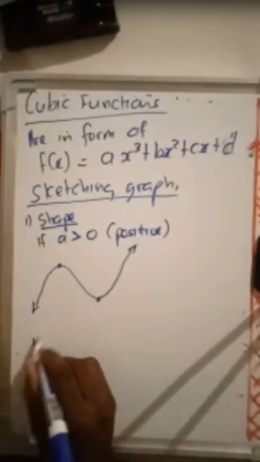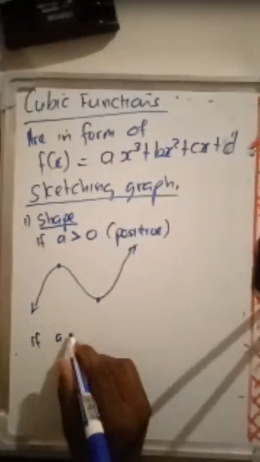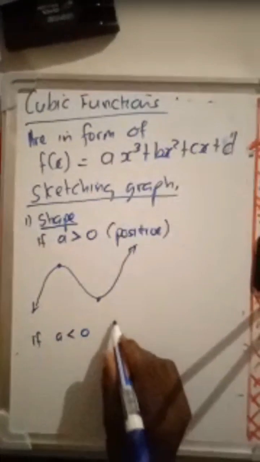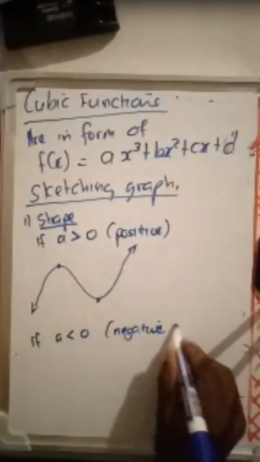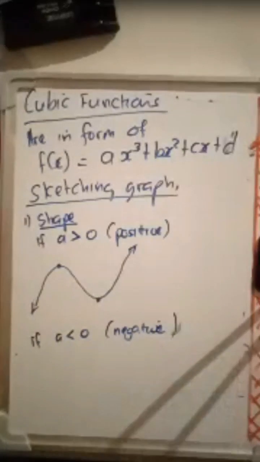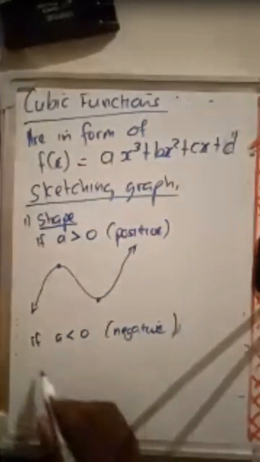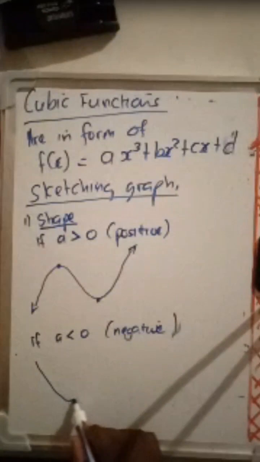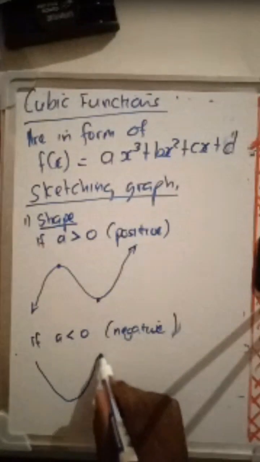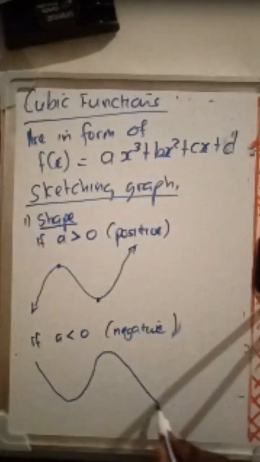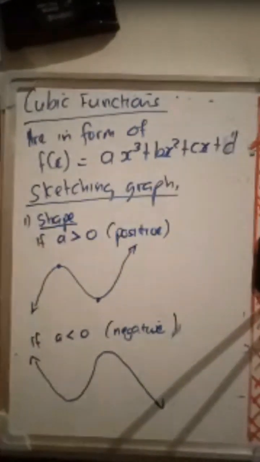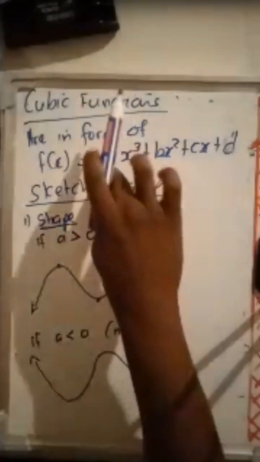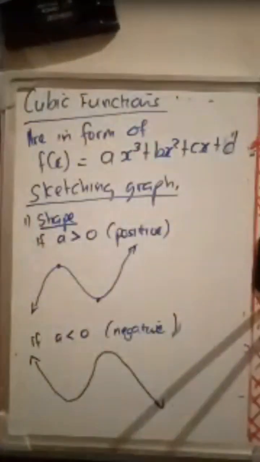Also, if a is less than 0, meaning we have negative a, then our graph starts as a decreasing function, goes to another point, and ends as a decreasing function. So the shape is easy. a is the coefficient of x cubed.